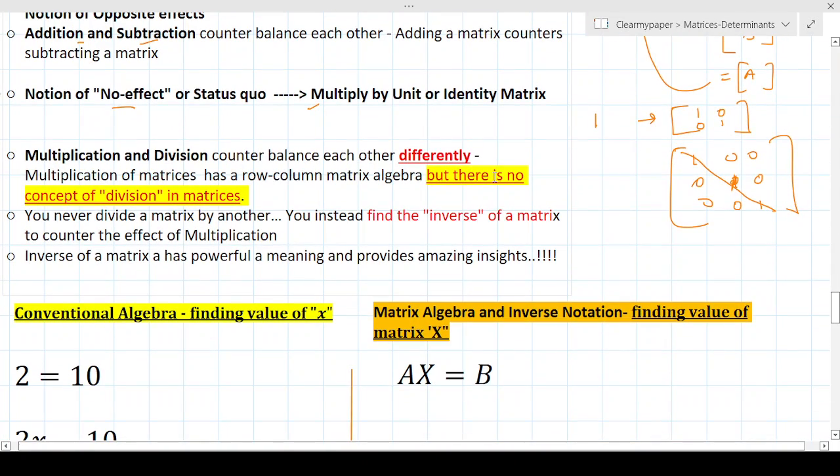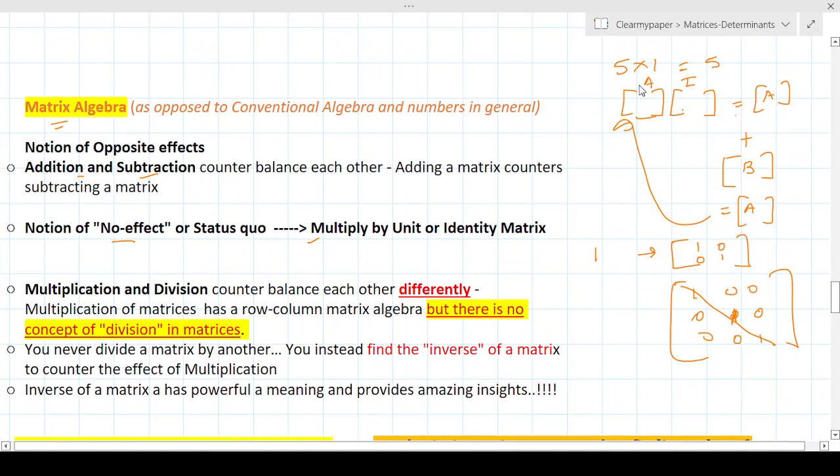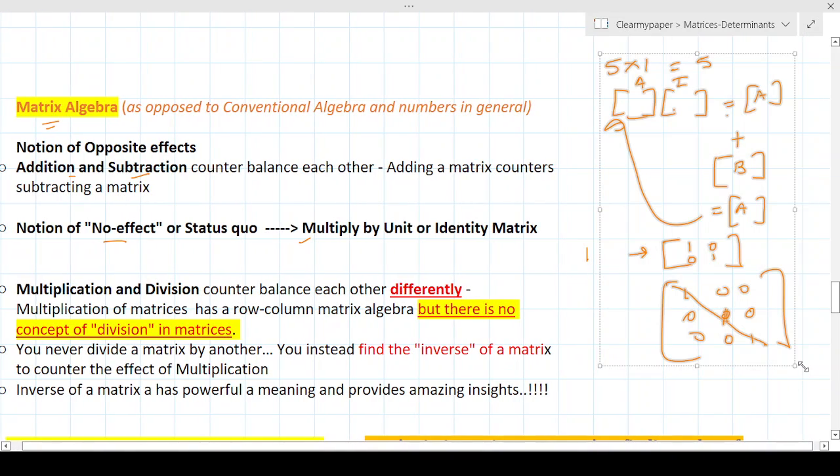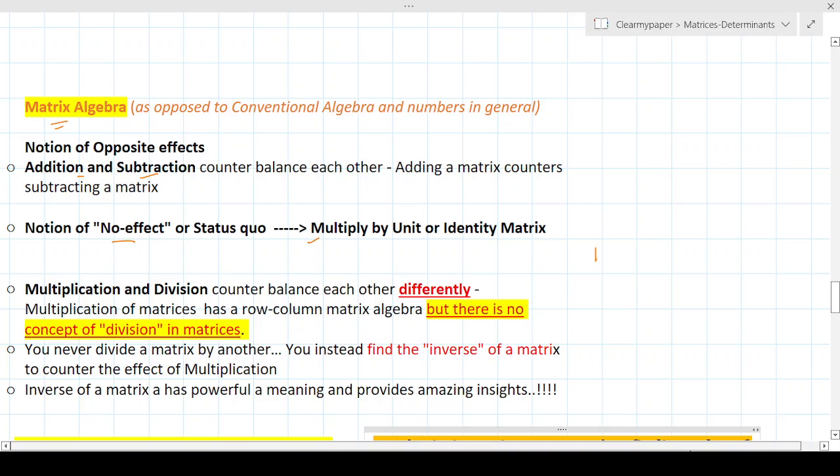So what happens in matrix multiplication? Let me make some space here. Let's say this is A and this is B, and both are 2 by 2 matrices.